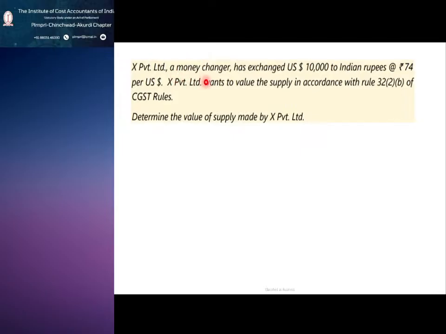A money changer exchanged $10,000 to Indian rupees at 74 rupees per dollar. X Private Limited wants to value supply in accordance with rule 32(2)(b). Determine the value of supply. So how will we be calculating this? Tell me.